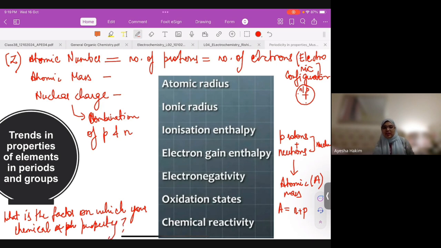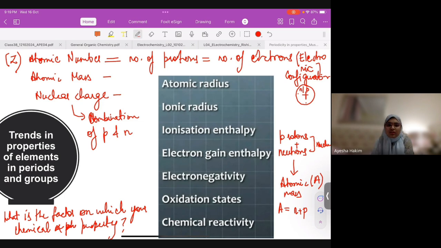The size of the atom, and then the charge of the atom. What is the size of the atom?